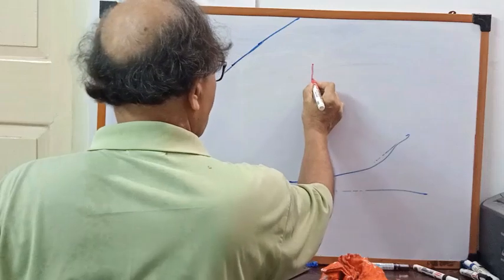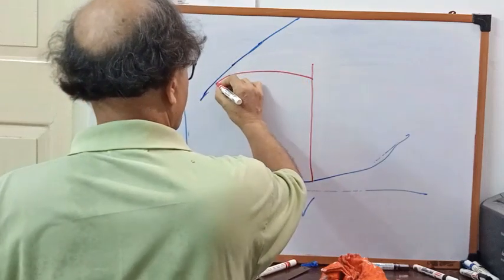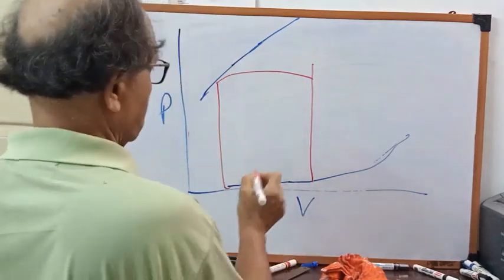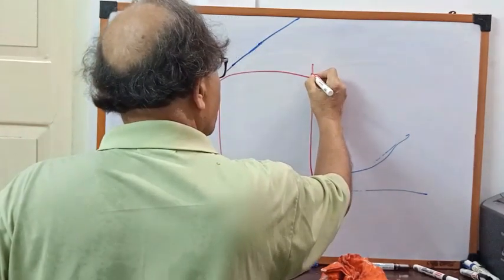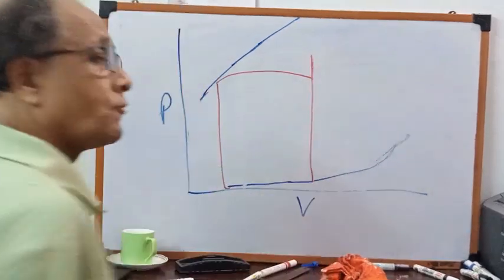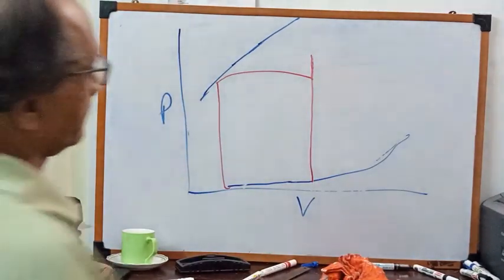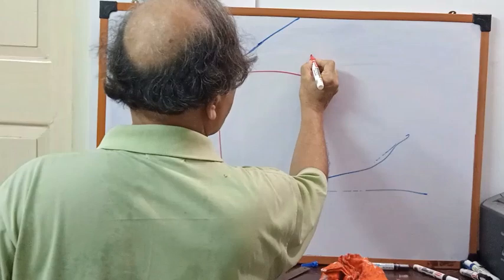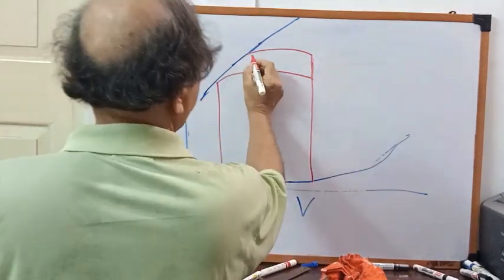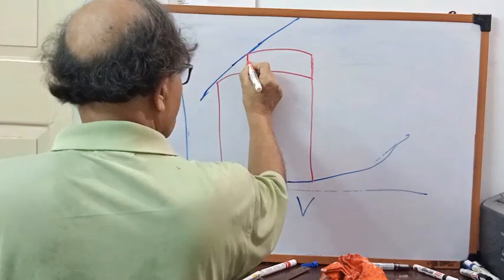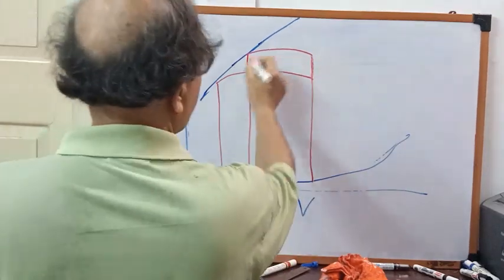Suppose normal was this. In case of increased afterload, it will take greater pressure to overcome that afterload, and when at this pressure it is overcome, then the stroke volume or ejection will start, and this is the maximum point. So that will be the curve.